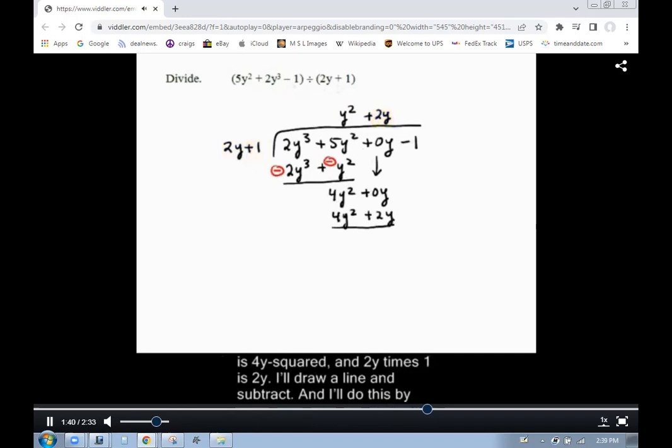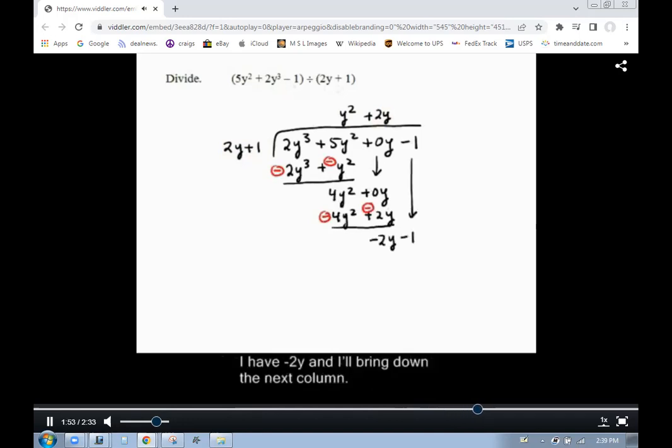I'll draw a line and subtract, and I'll do this by changing the signs and adding the opposite. Adding like terms, I have negative 2y, and I'll bring down the next column. Now I need to multiply 2y times negative 1 to make negative 2y.